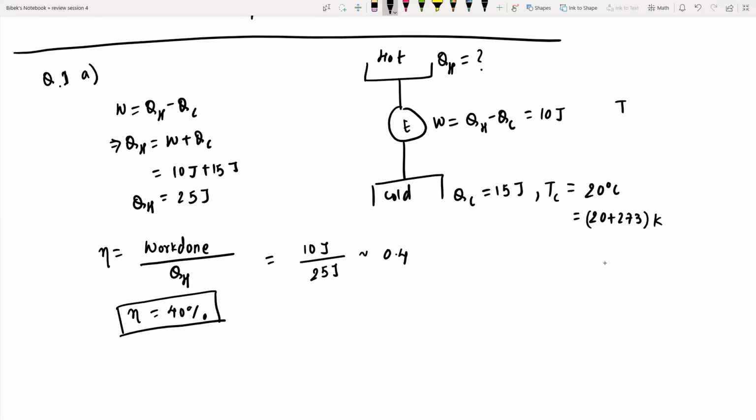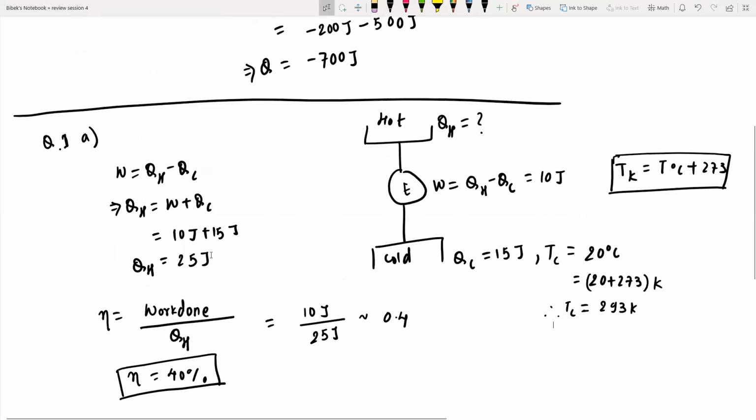So temperature in Kelvin is temperature in degrees centigrade plus 273. This is how you convert it. Okay, so that is 293 Kelvin, the temperature of your cold reservoir. Now you need to find the temperature.